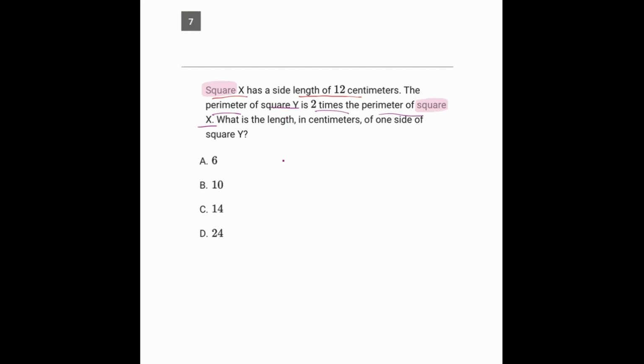So if we have x to y, if we know that the perimeter of y is double the perimeter of x, then the ratio is 2 to 1 in this direction, or 1 to 2 from the top down. And square x has a side length of 12. And so let's call this a. So here we have the ratio of the perimeters.